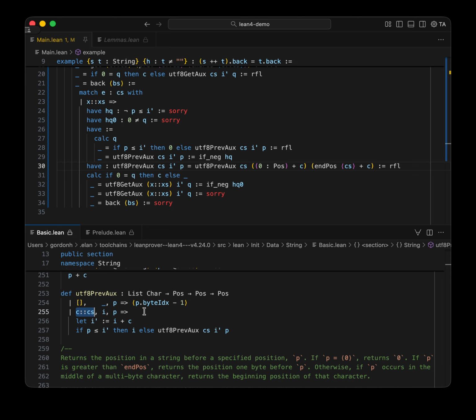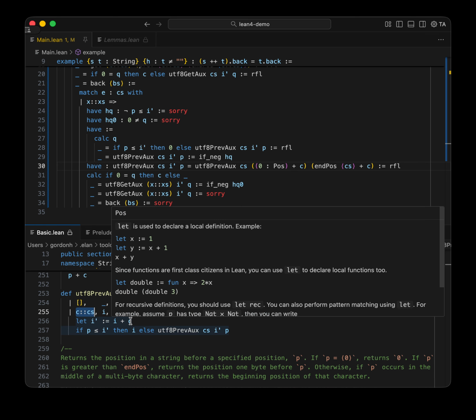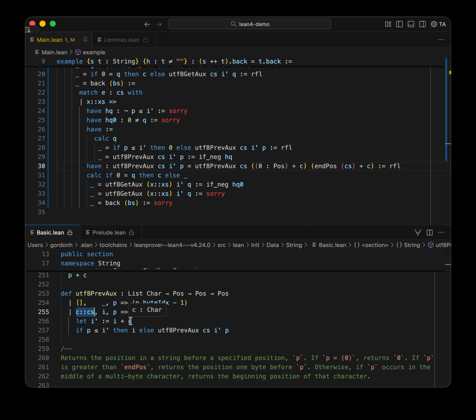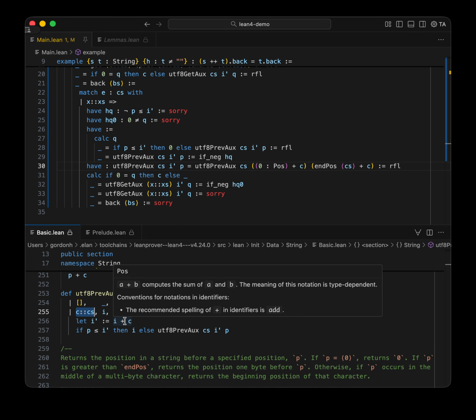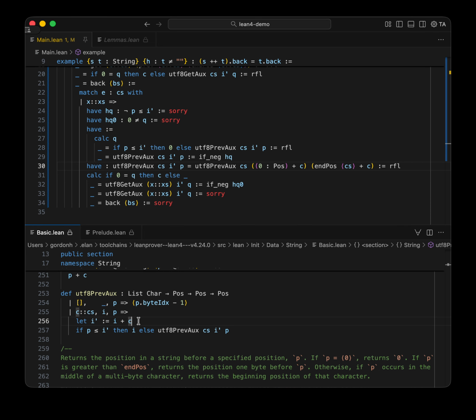Inductively, if the character list is not empty, then it will append, advancing I by the number of bytes for C to represent the C, and then see if P is less than that. Okay, I see.